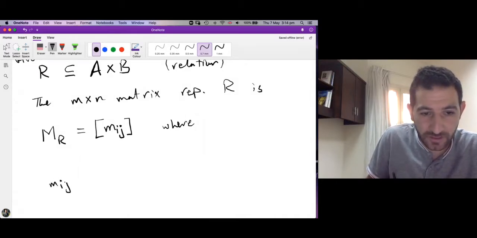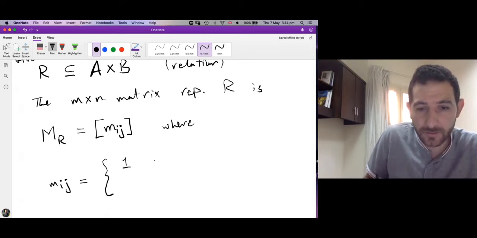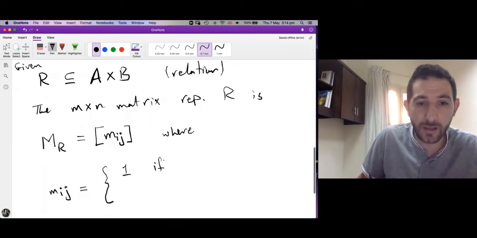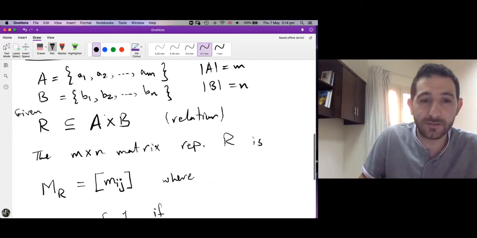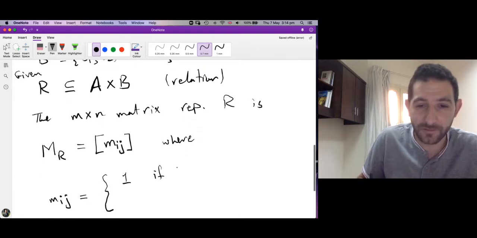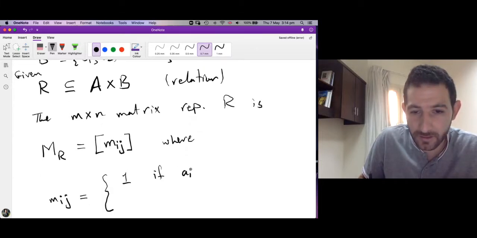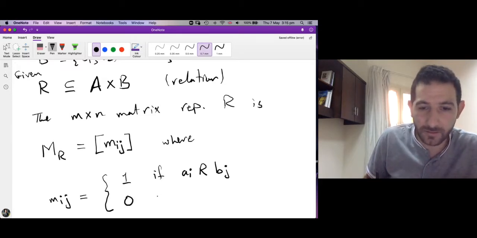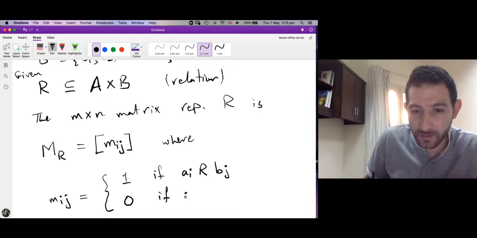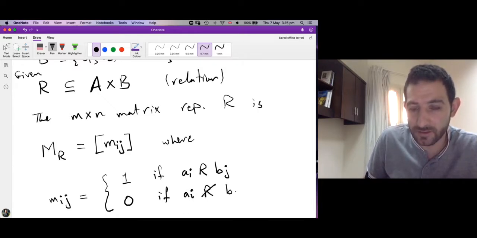So what is m_ij? m_ij is equal to 1 if the ith element of A is related to the jth element of B, so if a_i is related to b_j, and it is 0 if the ith element in the set A is not related to the jth element of B.